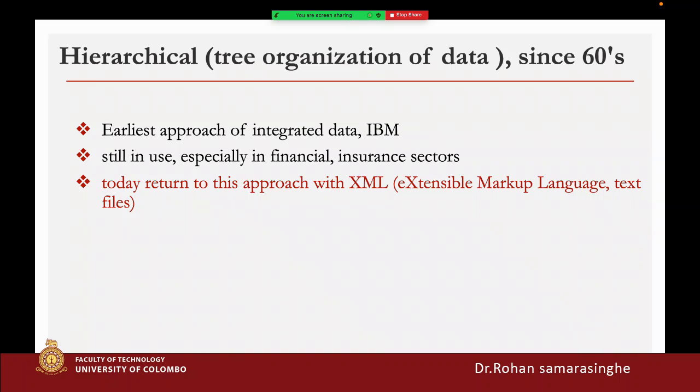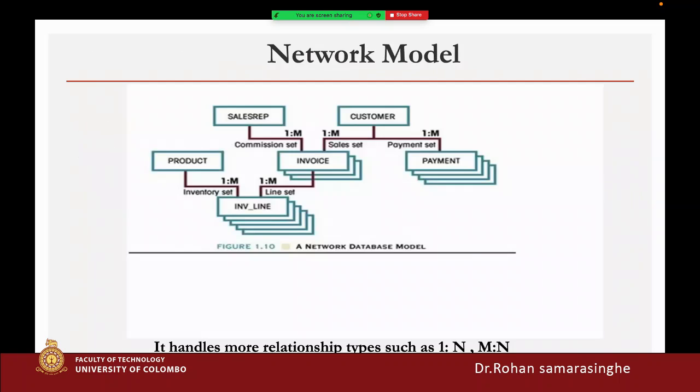You can understand this when you are developing programs, and in such cases you can understand this hierarchical data model.